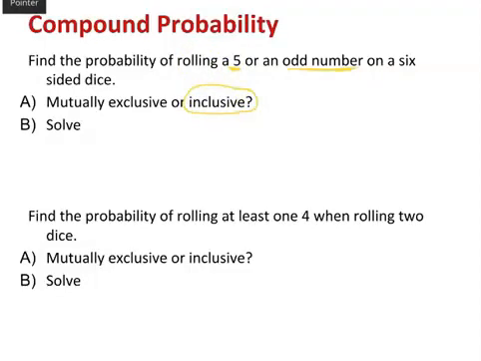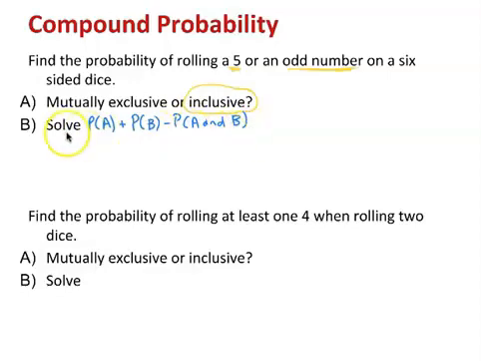All right, so now let's actually find the probability of rolling a 5 or an odd number on a 6-sided dice. Remember, when we are finding the probability of mutually inclusive events, we take the probability of our first event, add to it the probability of our second event, and then subtract out the probability of both occurring, that overlapping probability.